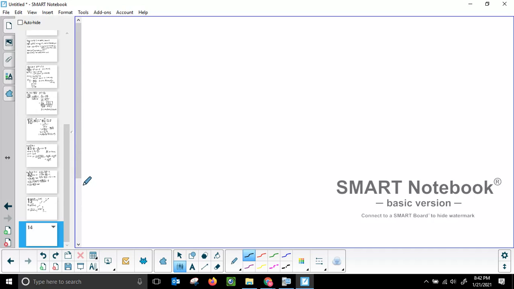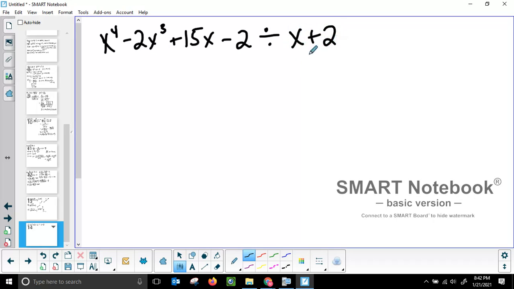All right, number 14, find the quotient and remainder when x to the fourth minus 2x cubed plus 15x minus 2 is divided by x plus 2. Well, we can either use long division or synthetic division here.